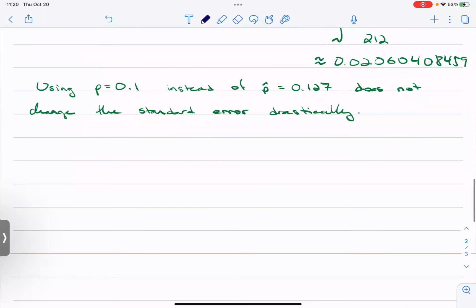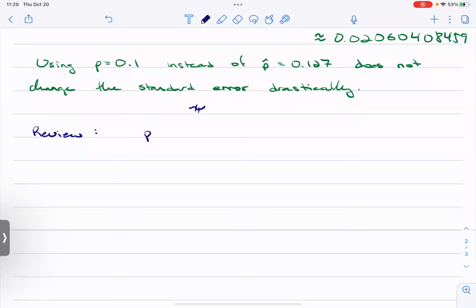That's the end of this example, but for a tiny bit of review, we said that p hat follows a normal distribution, which is centered on p technically, with a standard error of the square root of pq over n.